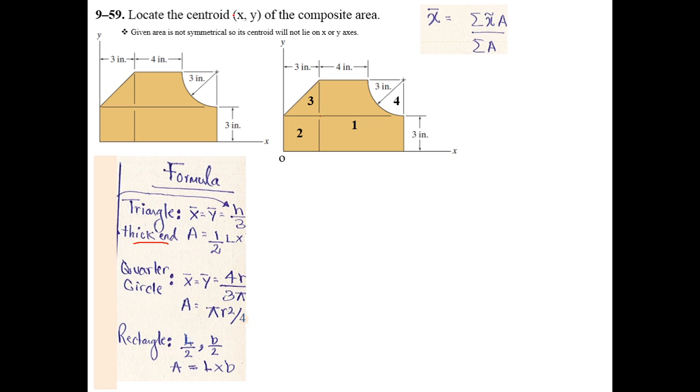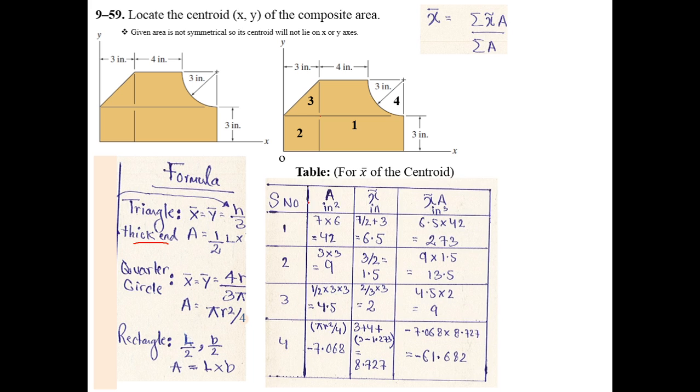Right. So we are basically calculating x bar first, the x coordinate of the centroid for this composite area, and that is given by summation of x tilde a divided by summation of a. And this time we are using a because it is an area, it's not a volume. So let us construct the table for x bar. This time we have four sub-areas, 1, 2, 3, 4.